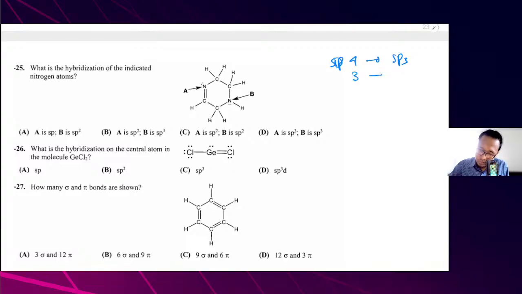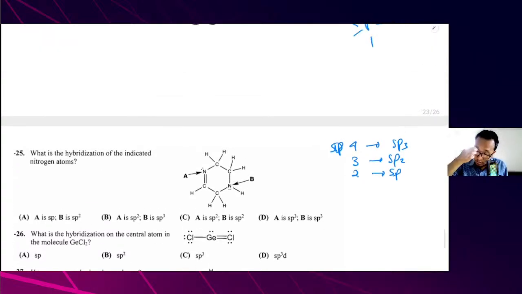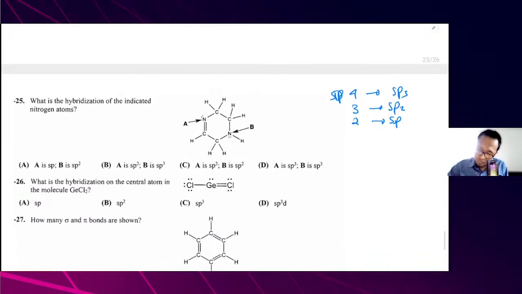If three atoms, it will be sp2. Two atoms will be sp. So it might be this one because it's just three, right? sp2 and sp3. A is sp2, B is sp3. So 25, the answer will be B.